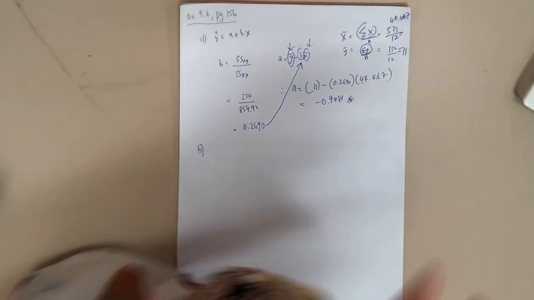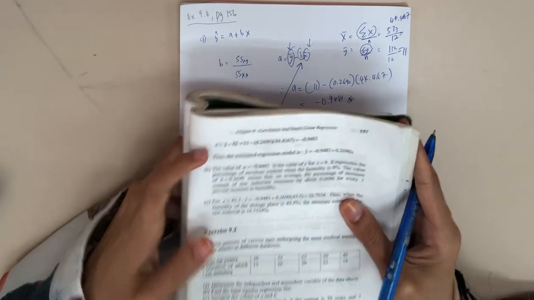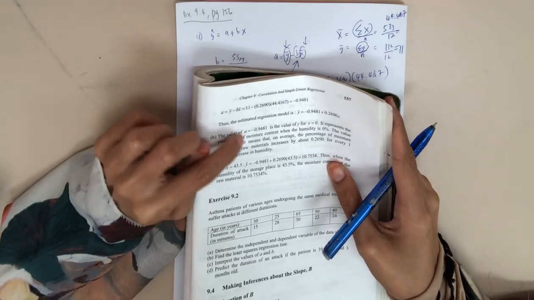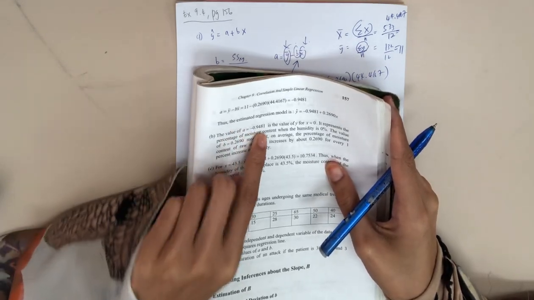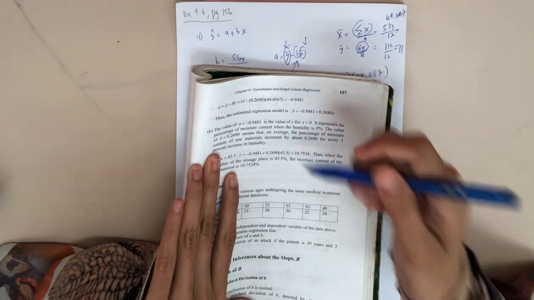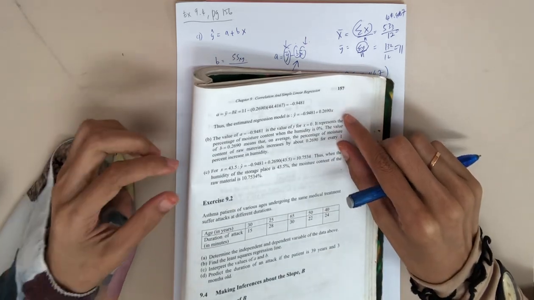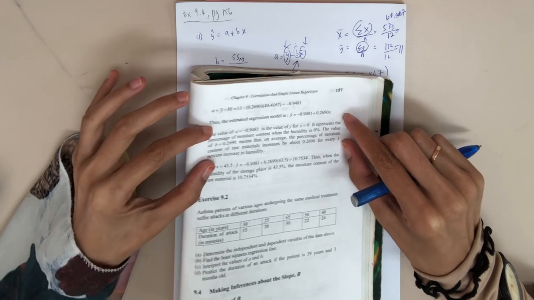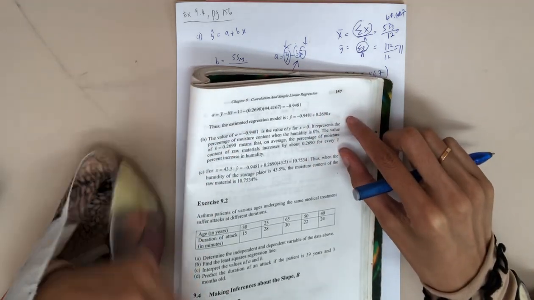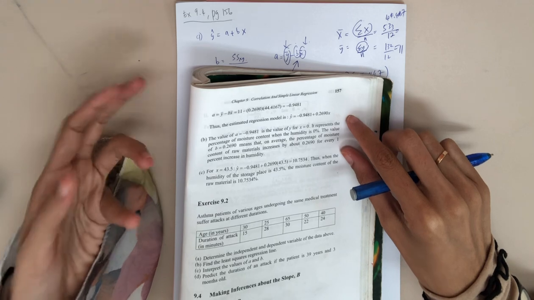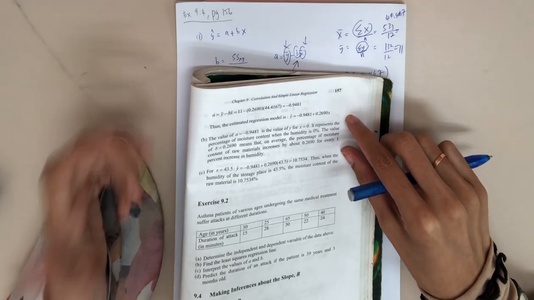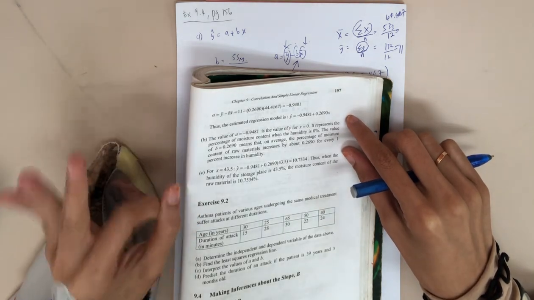For example, the answer here is the value of A is equal to negative 0.94. What I want to say here is that we use this as our reference every time we have a question regarding interpretation. Is it clear?